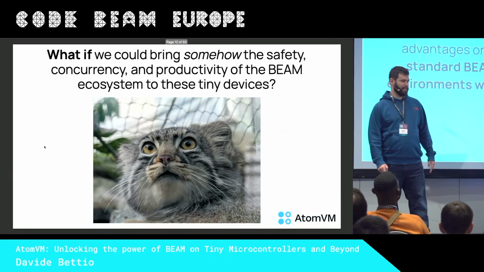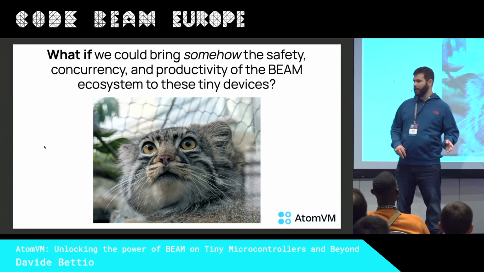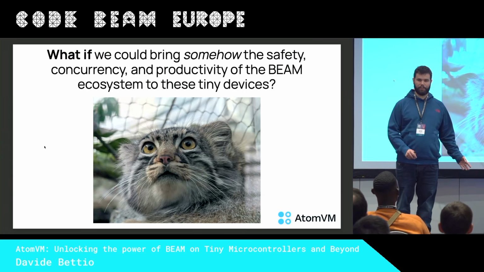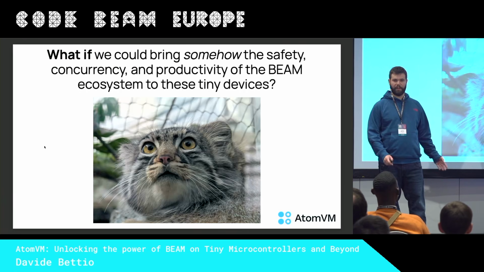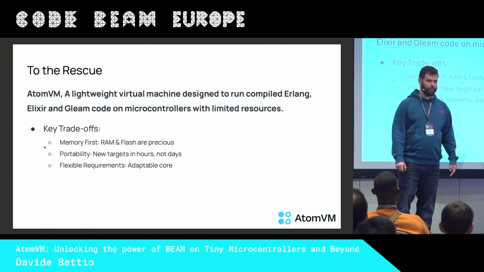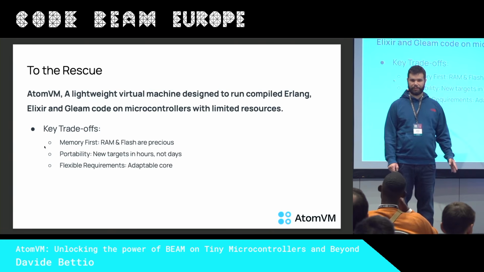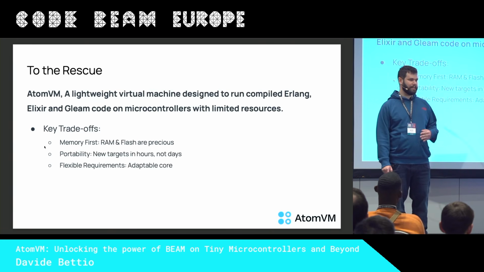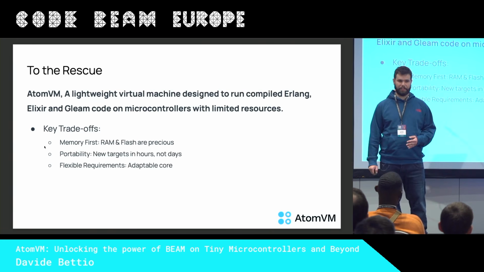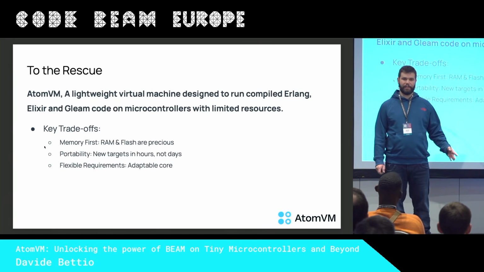So the question is, do we have any other way that allows us to use what we love, the tools we love, the ecosystem we love, the features we love, in such constrained environments? My answer to this was AtomVM. I created AtomVM from scratch. That means that I didn't use any actual source from the BEAM. It's written completely from zero and with different design goals.